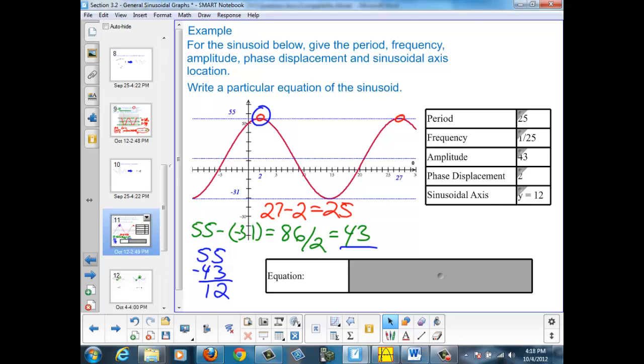We now have all the information to form our equation. Our amplitude is our A value. The period allows me to find my B value by taking 360 over the period.